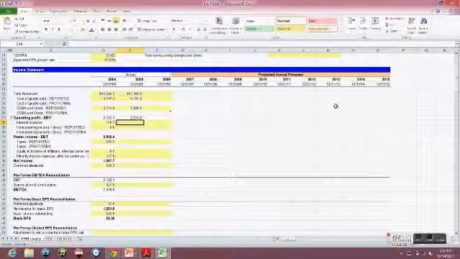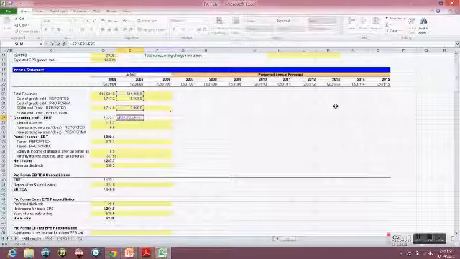Great. So another way we can go about solving this is, let's just say that you did the 2004 yourself. What you can do is press Control C, which is Control Copy. Press Shift and your right arrow. You just press enter, and what you notice is that it copied over that calculation.